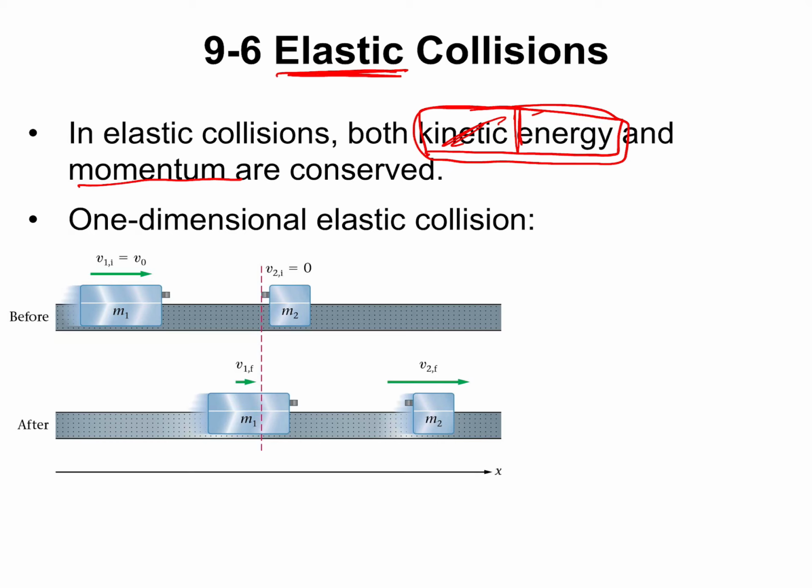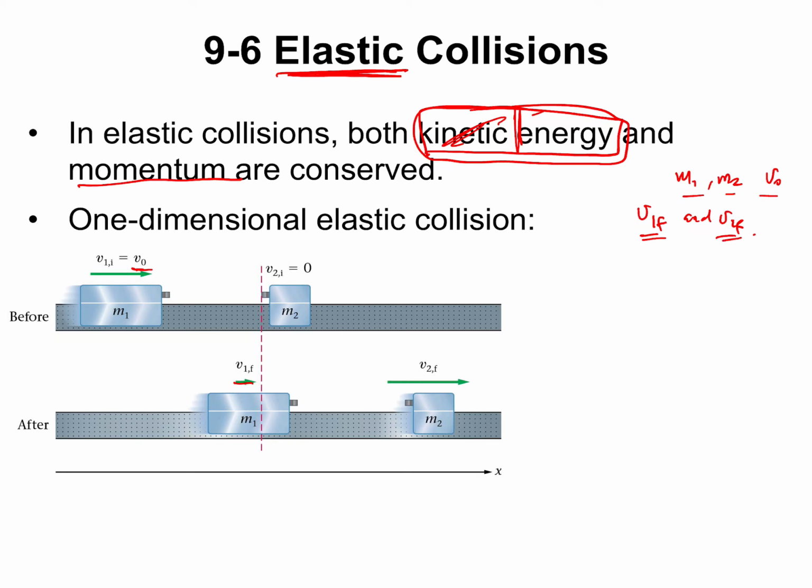Here's an example. You have two objects: M1 moves towards the right with velocity v0, and M2 is initially at rest. They bump into each other, and that collision is elastic. After the collision, M1 moves with v1f and M2 moves with v2f. If we know M1, M2, and v0, we can figure out v1f and v2f, because with two unknowns we have two equations.